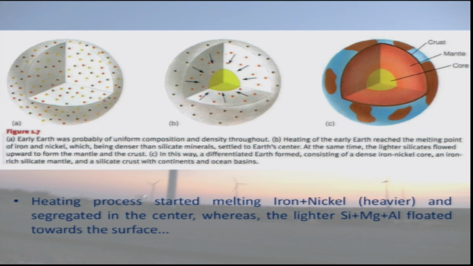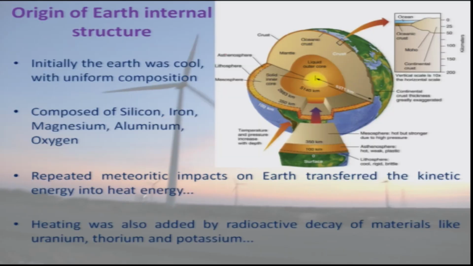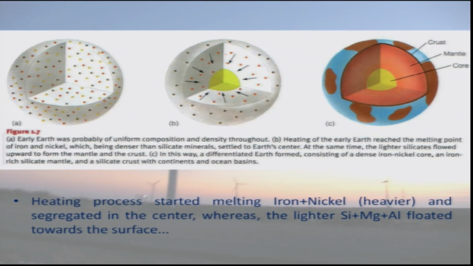And this is one of the reasons why we see that the crust is mostly made up of the lighter material, silica, magnesium and aluminum, and most of the rocks are comprised of this material, whereas the deeper part of the interior of earth is made of the heavier material. Okay.